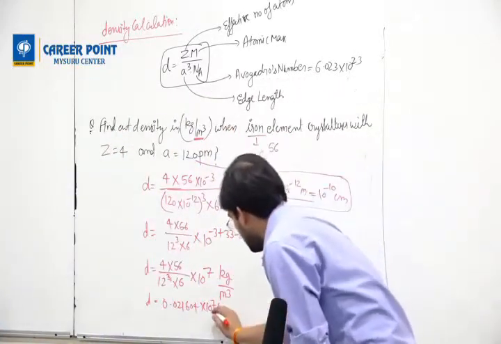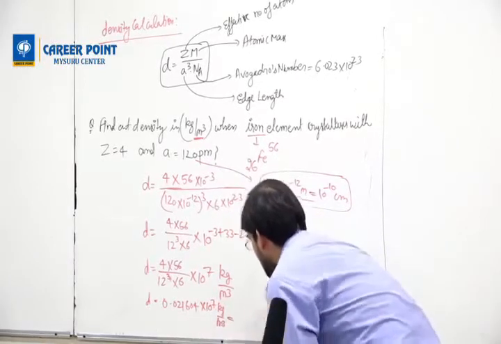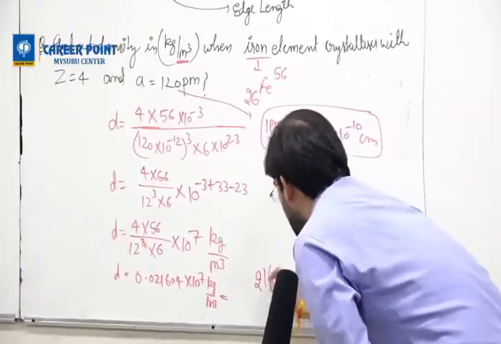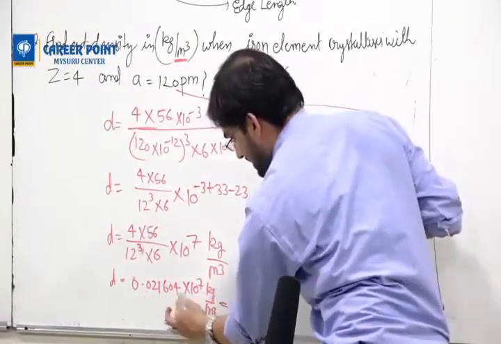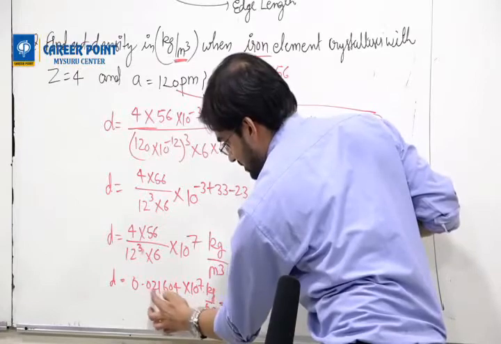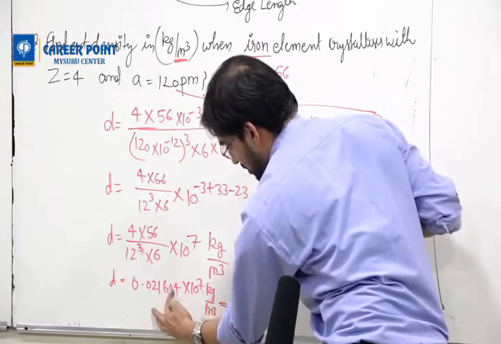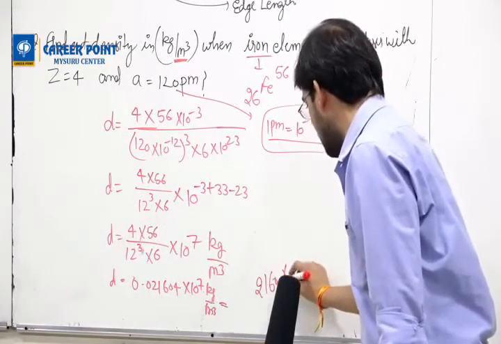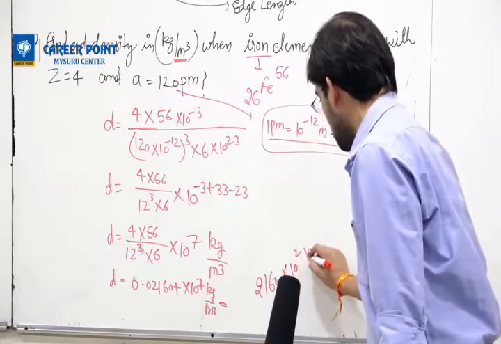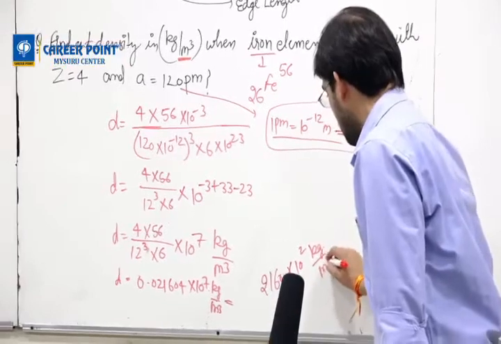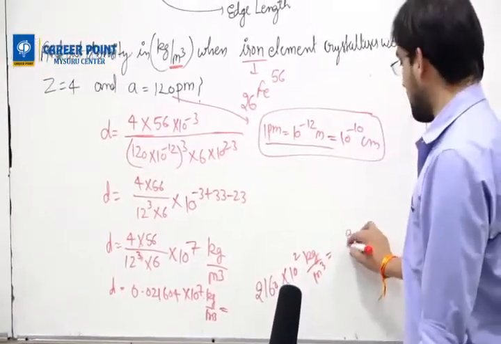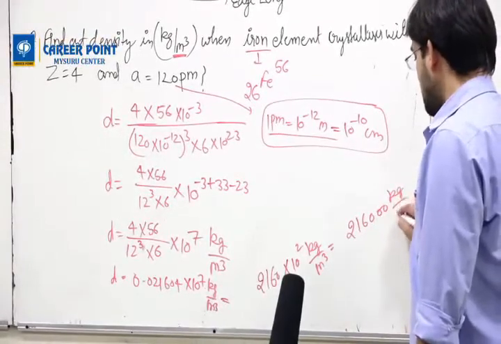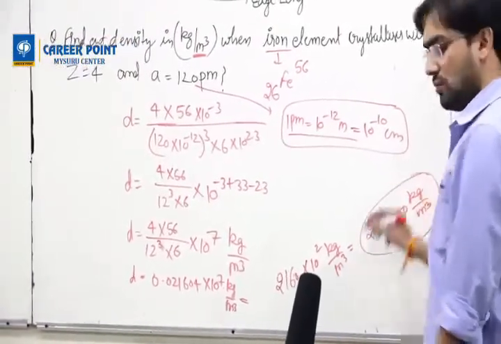And then I'm going to multiply this 2 inside, so I'm going to write till 2160. How many decimals have I taken? 1, 2, 3, 4, 5. I have taken 5 decimals, so 10 power 2 is the balancing. So 2160 kg per meter cube, or you can write it like this: 21600 kg per meter cube.